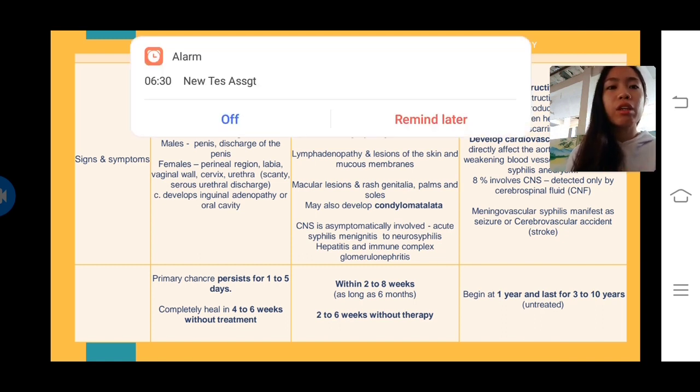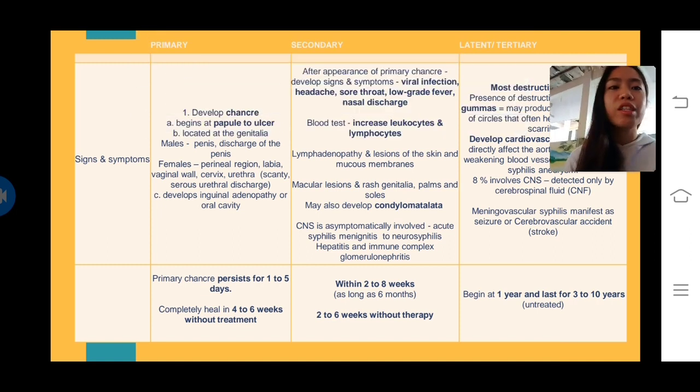In the secondary stage, the primary chancre may still appear, but it will develop some signs and symptoms such as viral infection, headache, sore throat, low-grade fever, nasal discharge.